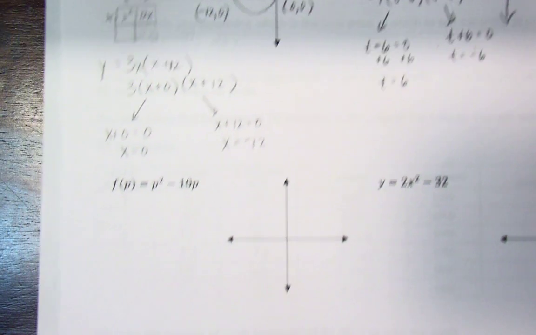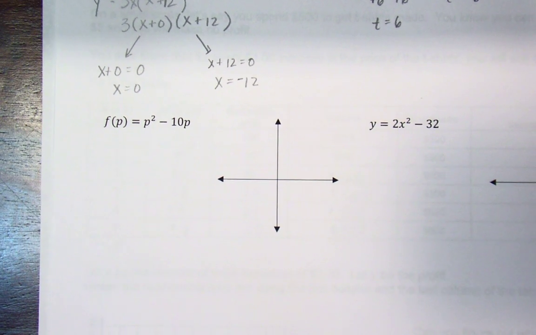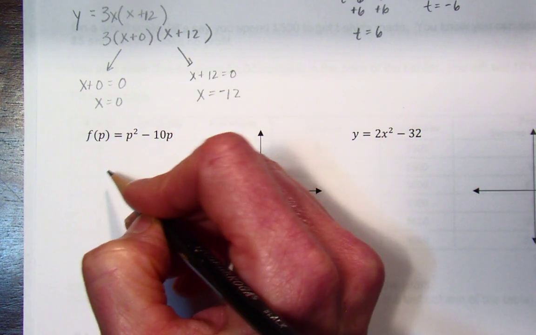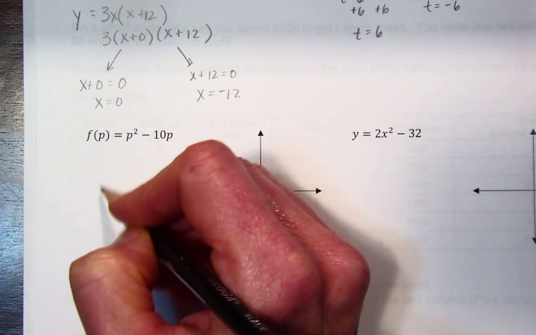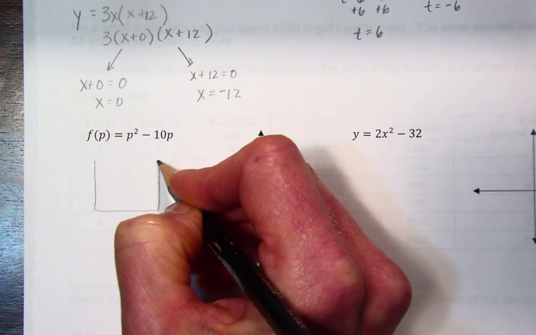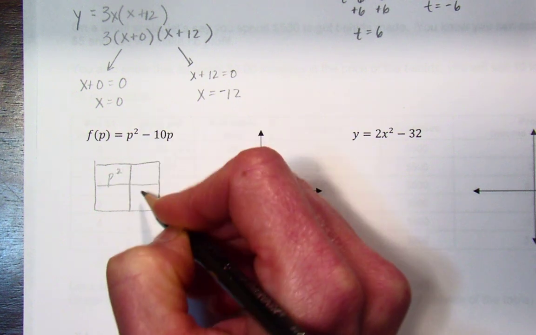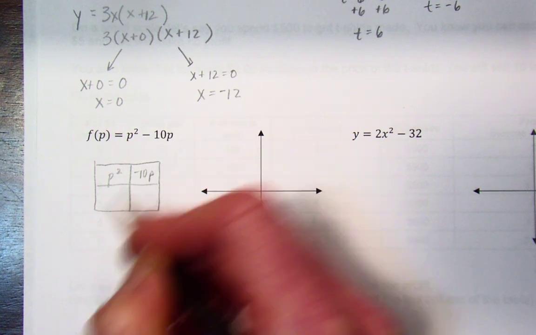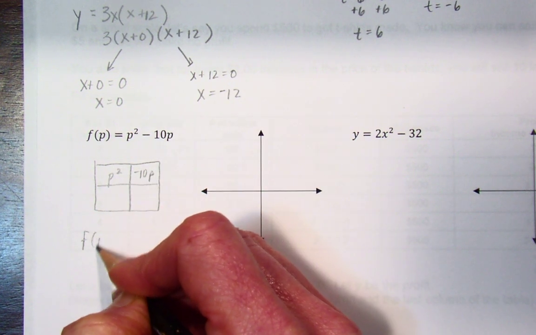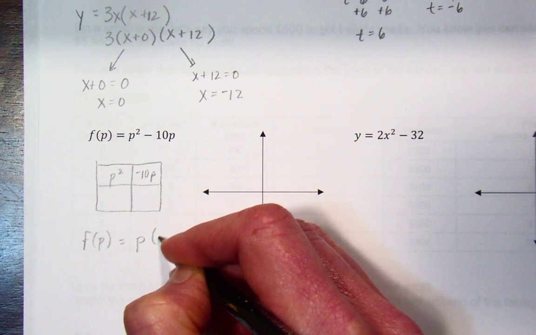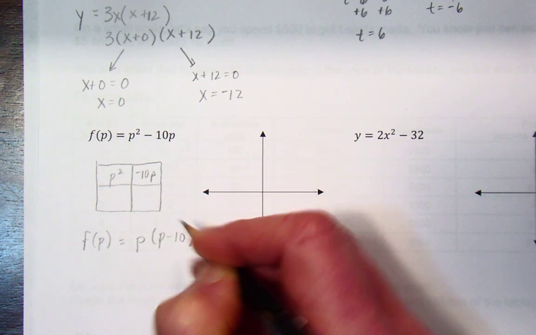Two more examples. If you want to pause the video here and try these on your own, that would be a great idea. So if I have an area model here, I have p squared and minus 10p. So f of p in factored form is going to be p times p minus 10.